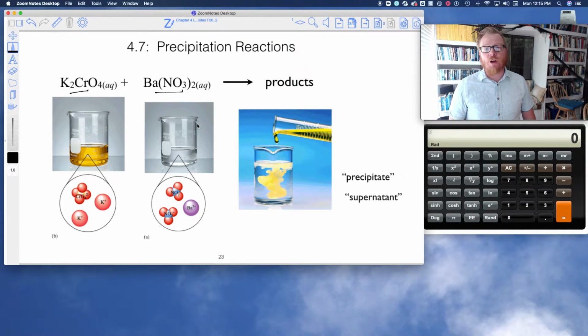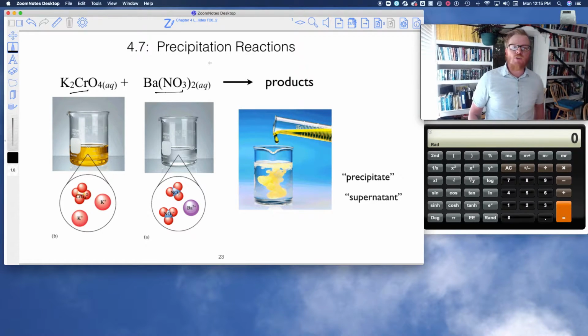If you're still struggling with that, that's a really good exercise to practice, because for this next bit on precipitation reactions, you have to be really comfortable with breaking apart those ionic compounds into their two respective ions.